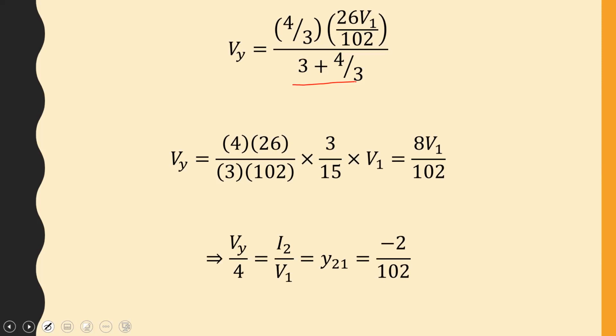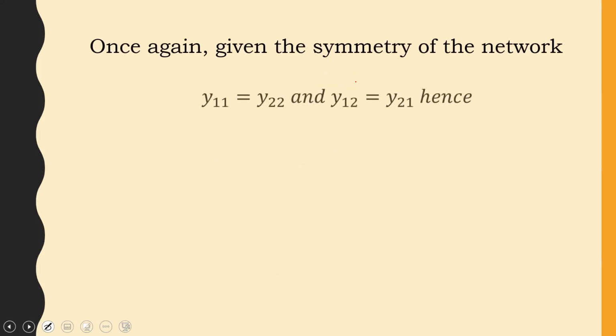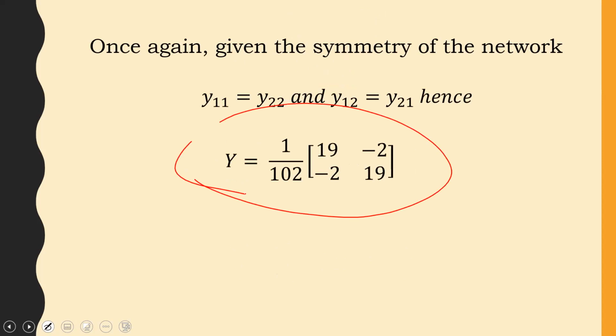Again, symmetrical network, and so the Y parameters are 1/102, 19, -2, -2, 19. So this is where we stopped yesterday. Does anyone, having gone through it, have any questions? All right, so we'll proceed.